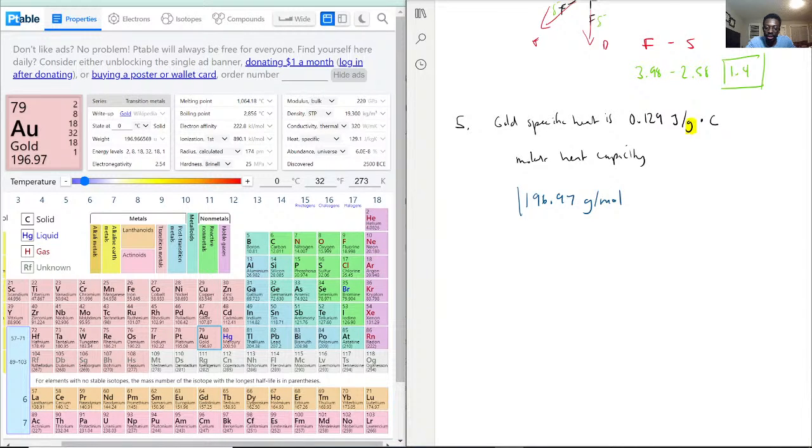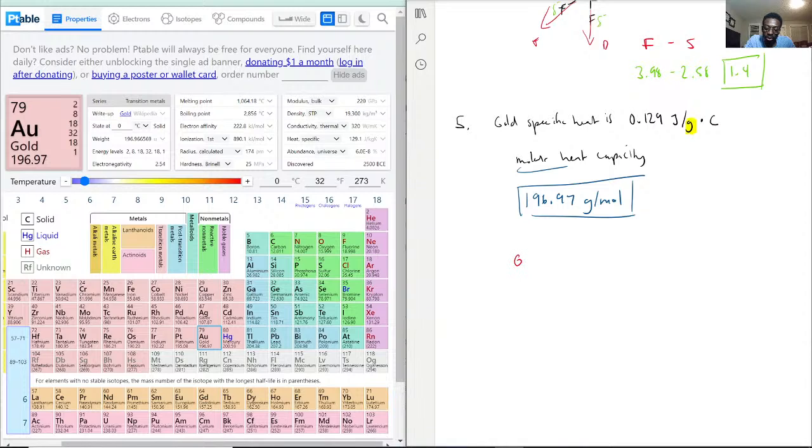That is the molar mass of gold. Okay, so now that we have that, we want the specific heat, but in terms of molar, right?